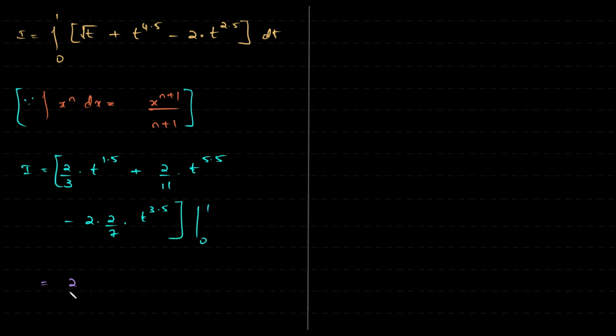So this would be 2 by 3 plus 2 by 11 minus 4 by 7. So this is 21 in the denominator, and in the numerator, 3366 plus 21, 42, minus again 33 into 4, that is 132.